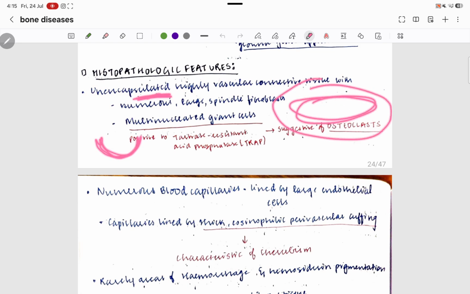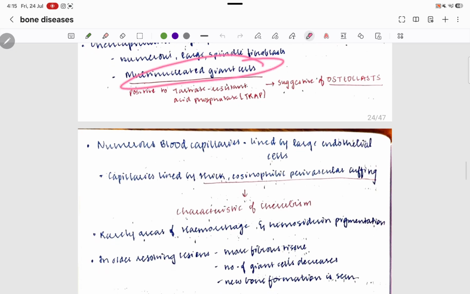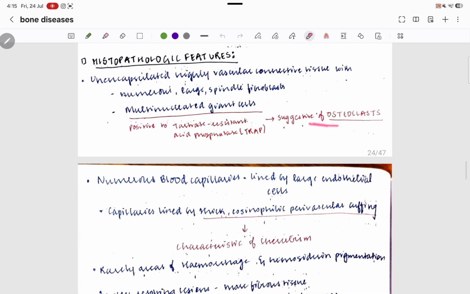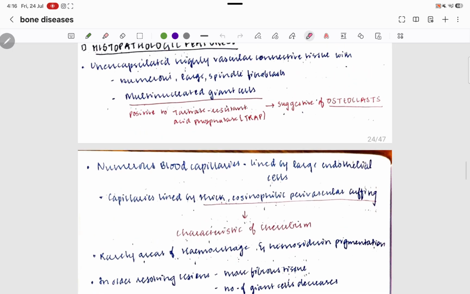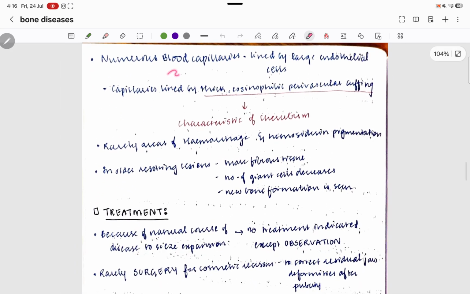It is highly vascular connective tissue with numerous large spindle fibroblasts. There are multinucleated giant cells, and these giant cells are basically your osteoclasts. So osteoclast is a type of giant cell, right? These multinucleated giant cells are nothing but osteoclasts, with numerous blood capillaries.